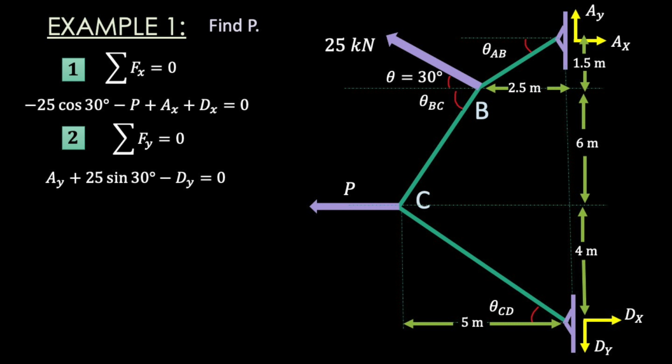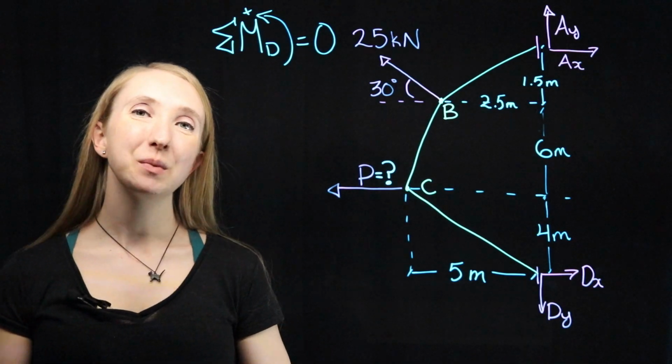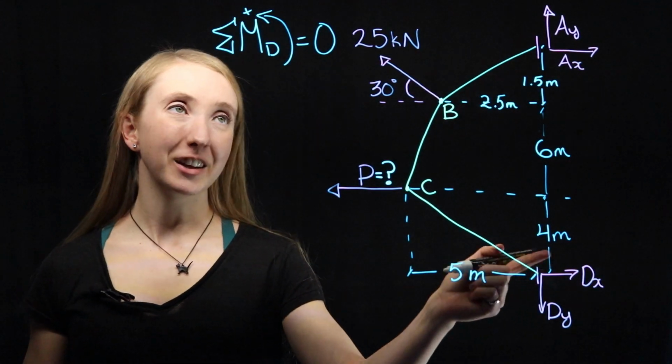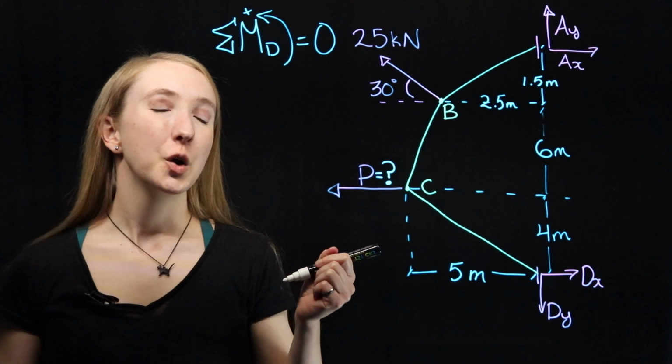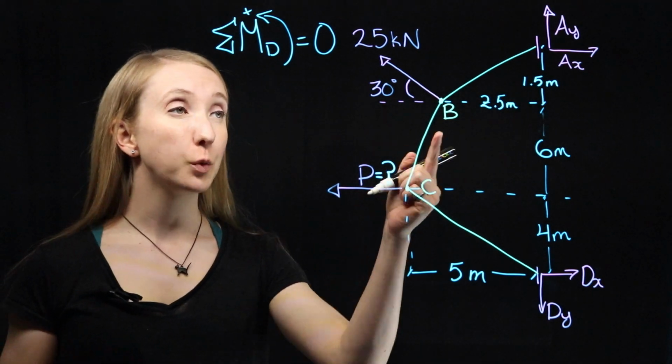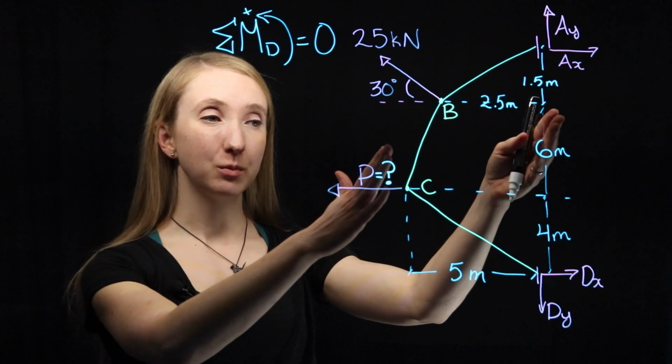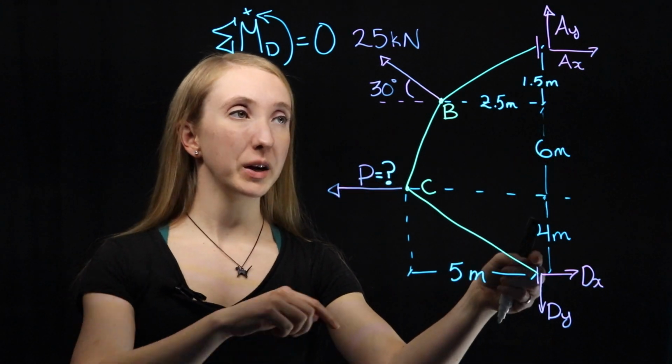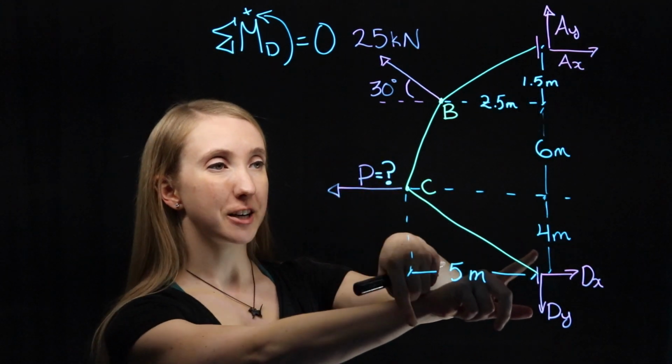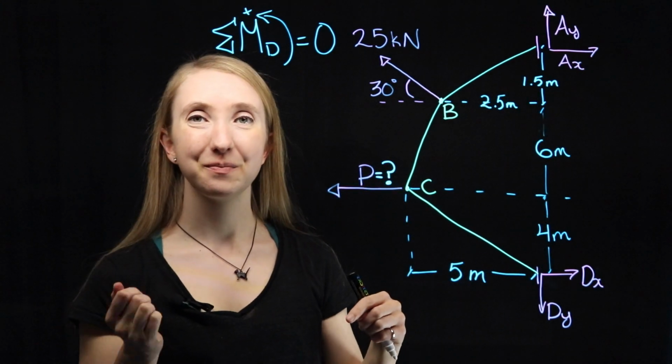Now we're ready for our last global equilibrium equation. We can take the moment about any point and it will be equal to 0. We'll pick point D. Taking the moment about point D will give us a 0. We're going to assume that any force that causes our system to rotate about point D in this direction is positive.